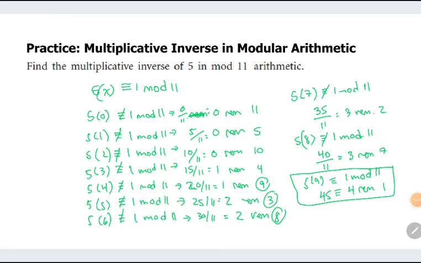Okay, finally I was able to find it here by multiplying 5 times 9. That's 45.